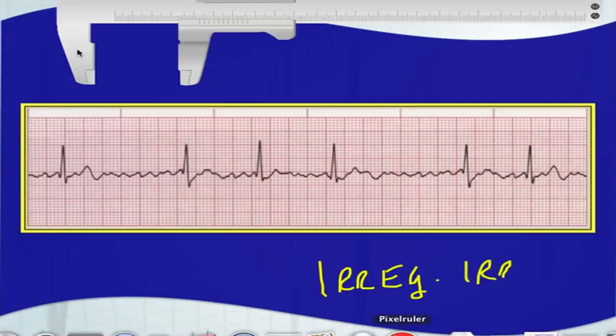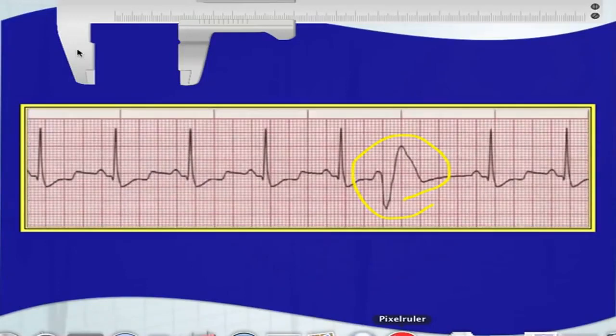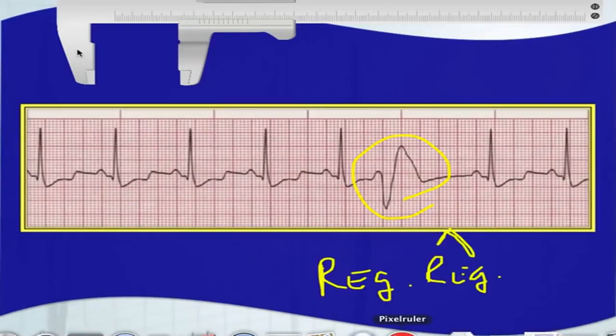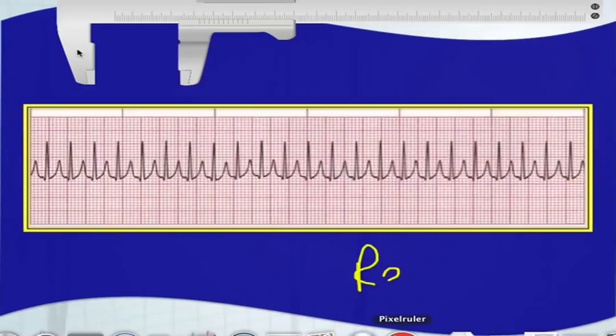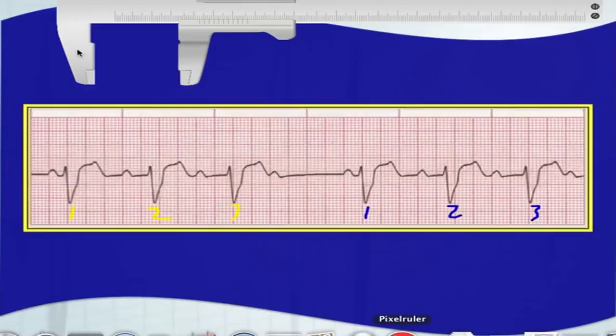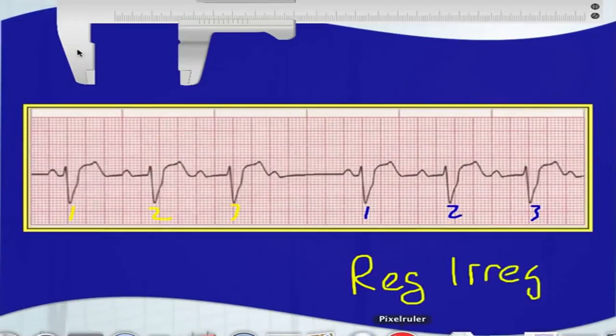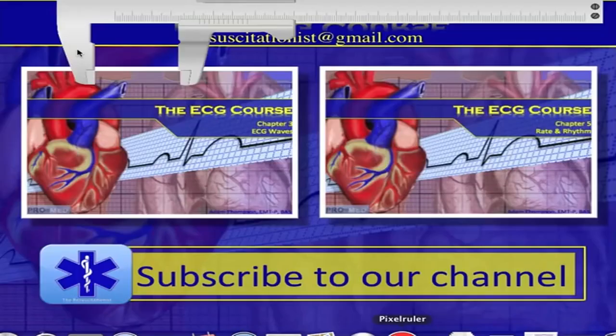There's no pattern to it. Then we also had another one where the underlying rhythm is regularly regular, and it had an ectopic beat. And we're going to talk about that later on. And we had another regularly regular rhythm that was pretty fast. And then finally we had one that was regularly irregular, because it has a pattern. And we're going to do that again as we start interpreting rhythms.